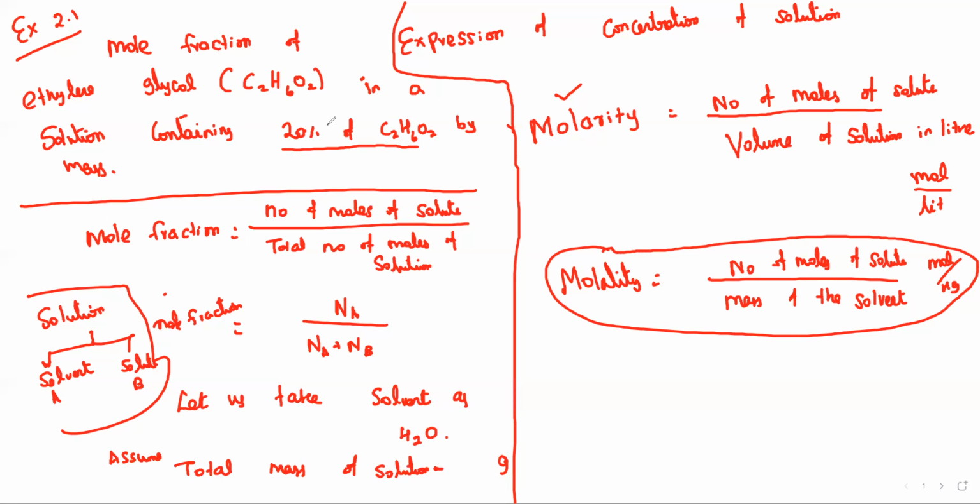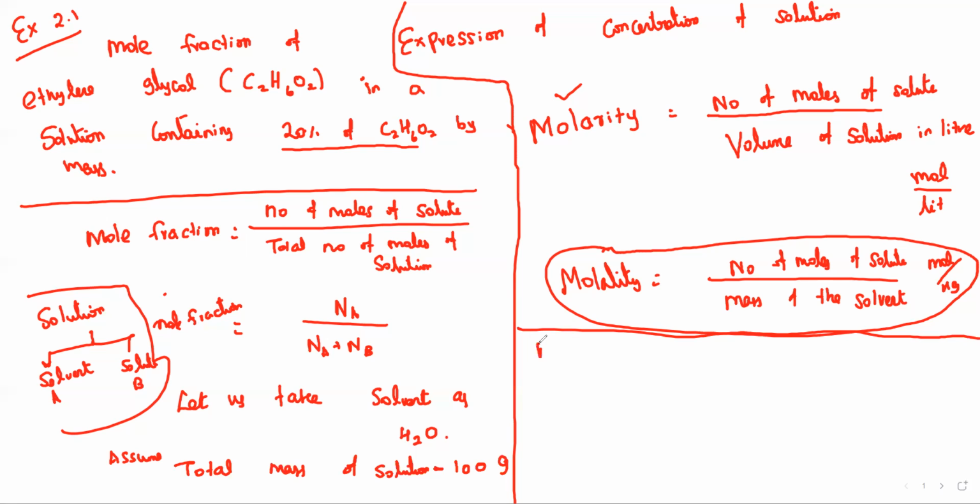Since they gave the percentage, we can assume 100 gram. So we can assume that we have 100 gram of solution and the solvent is H2O.